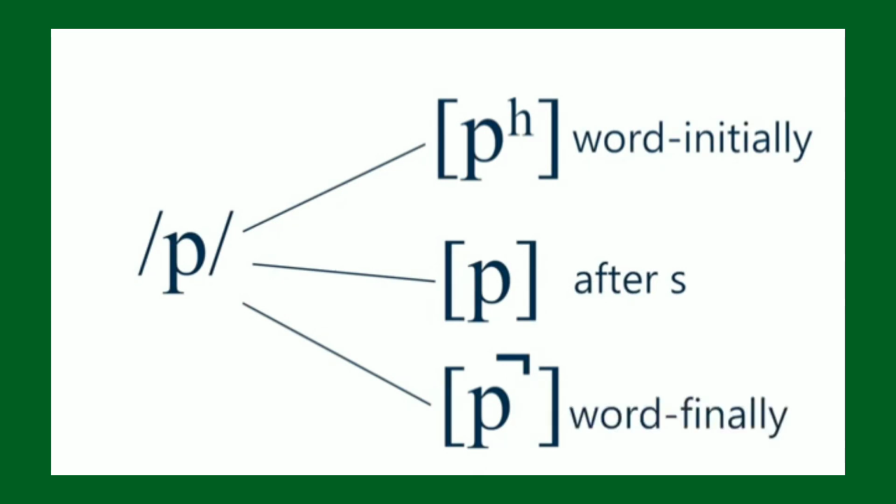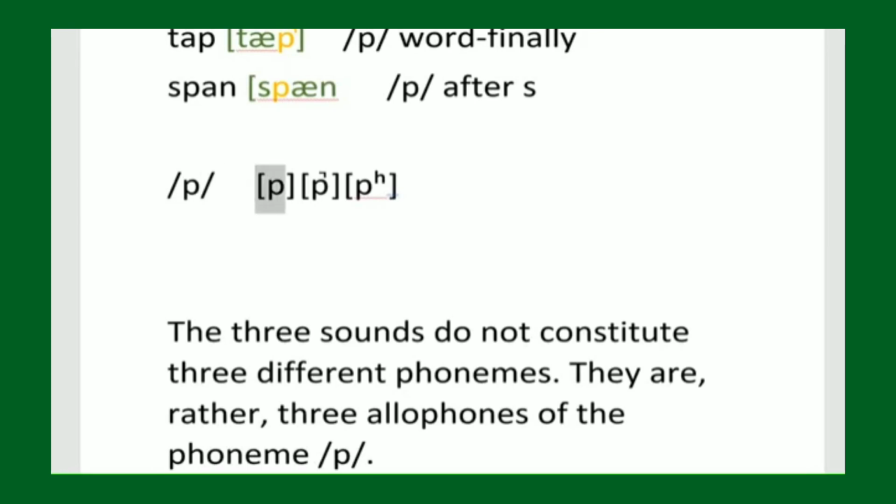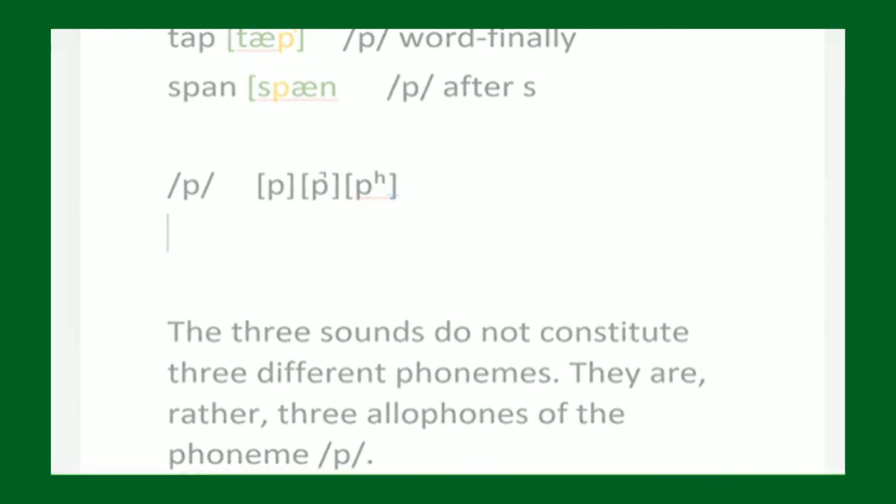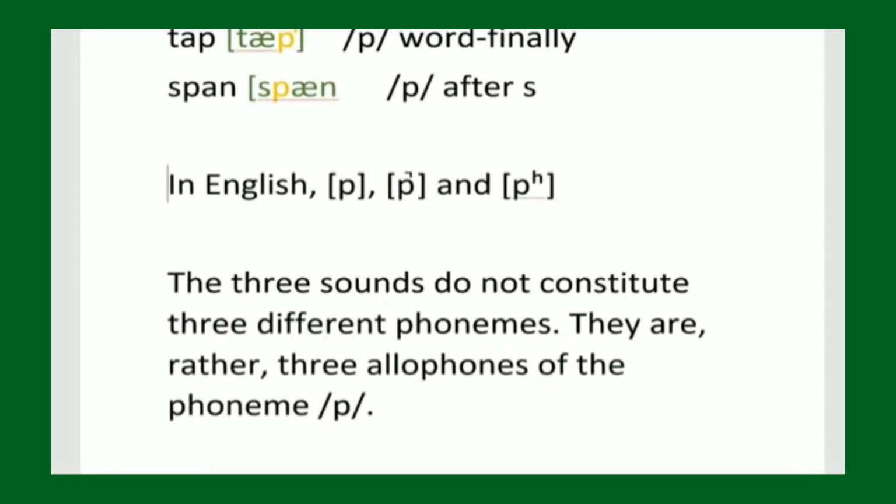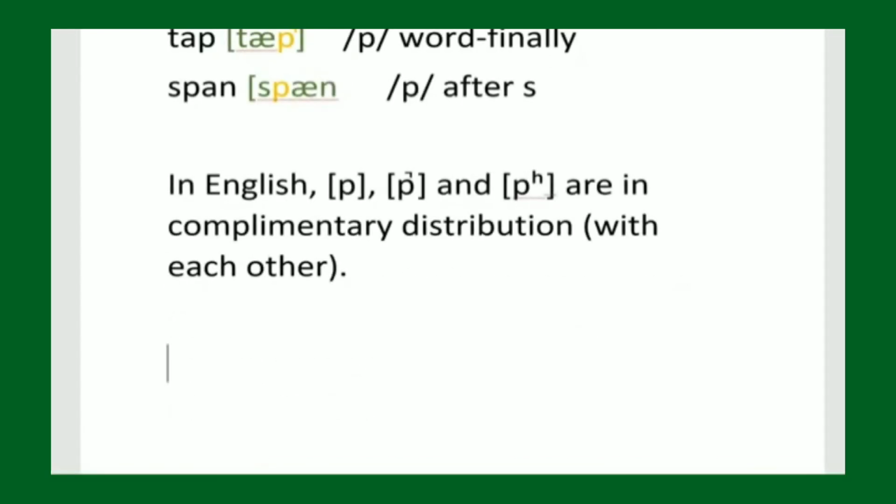This way of writing this is called a distributional statement. When these sounds are different variants, different allophones of this phoneme, we need to make a language-specific statement because phonology is language-specific. In English, these sounds are in complementary distribution.